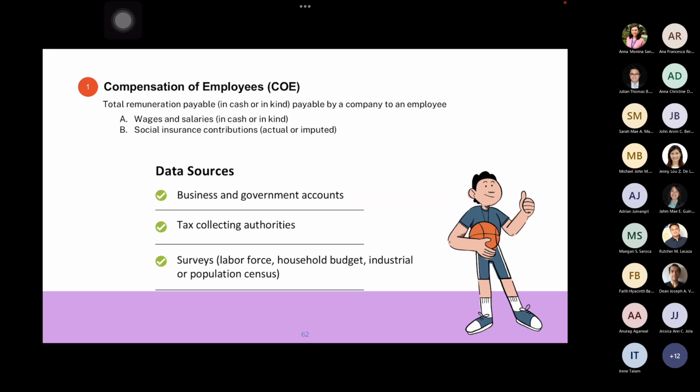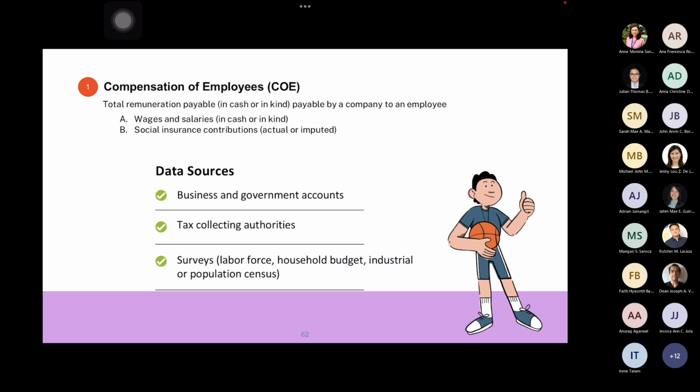So this can show values for the wages and salaries, as well as other costs related to employment. Then we can also collect data from tax collecting authorities.